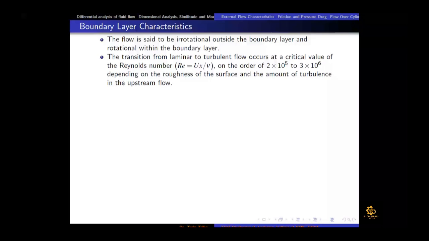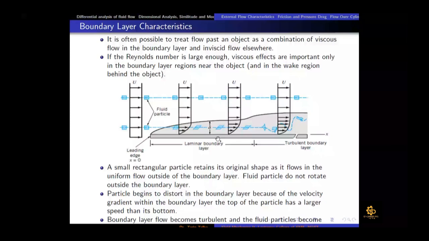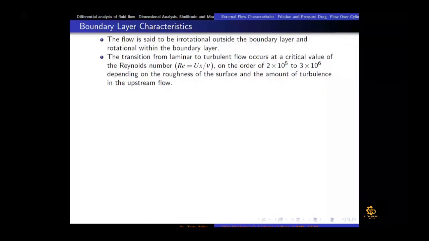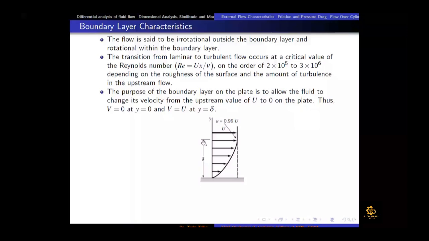Now we need to see what the thickness of this viscous region, or boundary layer region, is. For that, as we already discussed in chapter number 8, we define a parameter called boundary layer thickness, and we represent that parameter with the symbol delta. Here you can see the delta thickness. That is the distance away from the solid surface where the velocity of the flow becomes 99% of the free stream value.